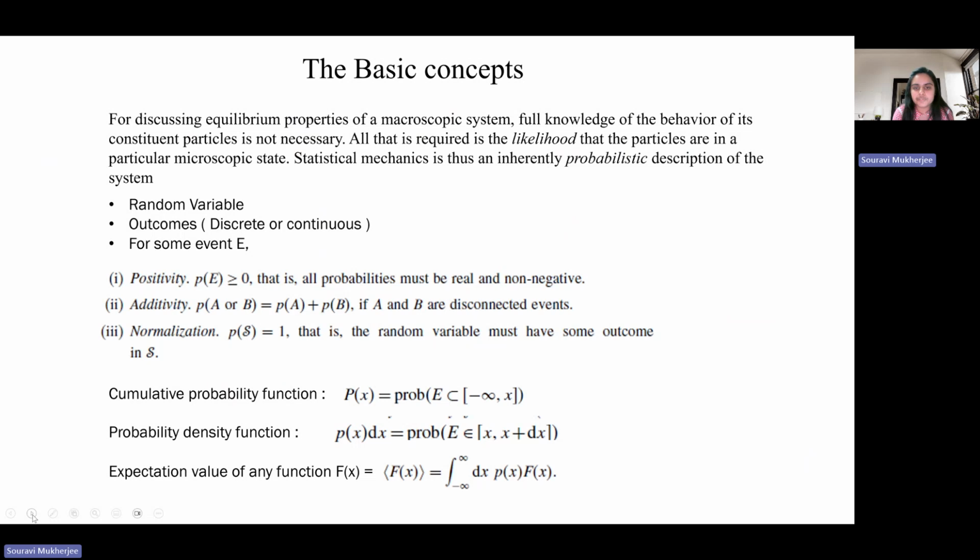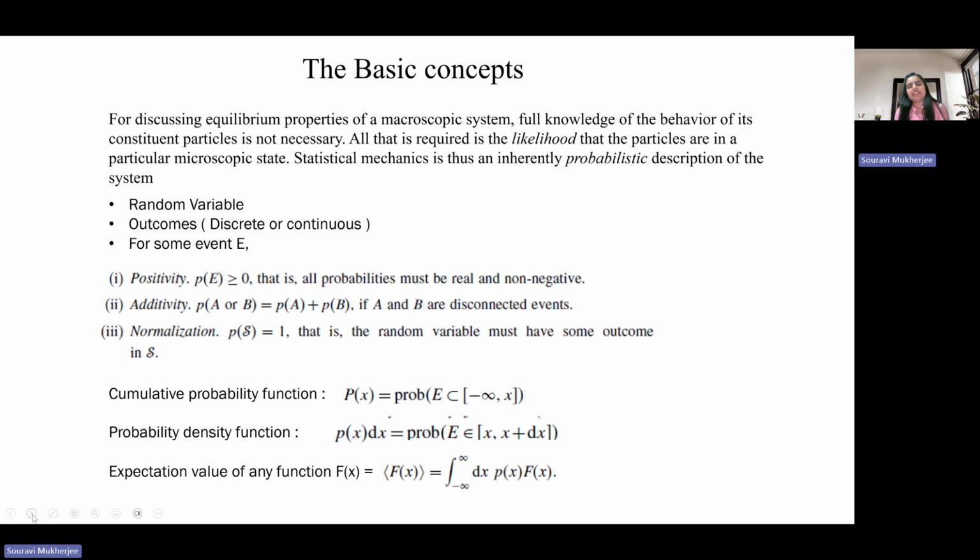And if you have two disconnected events, then the probability of either of them happening, so P of A or B, is the summation of the probability of A happening and the probability of occurrence of B. So that's the additivity criteria. And then if there's some random variable where all the outcomes belong to some sample space S, then the probabilities of all the possible combinations should add up to 1. That's the normalization.